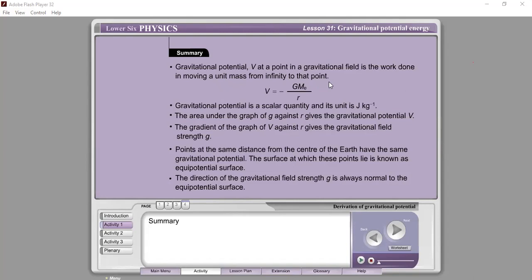Remember, it is the work done to move a unit mass, let's say 1 kg, from infinity to that point. So for a 1 kg object, how much work done, how much energy, is needed to move it from infinity to that point?